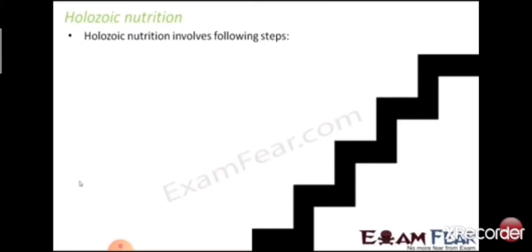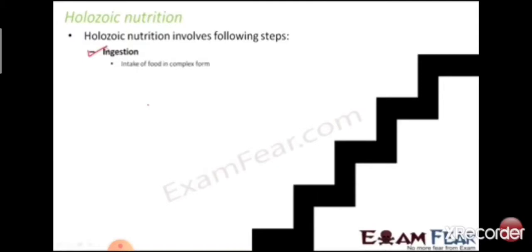So this Holozoic nutrition involves multiple steps. So let us look at various steps which are involved in Holozoic nutrition. First one is ingestion, which is the first step. That is the intake of complex food which is taken inside the body.